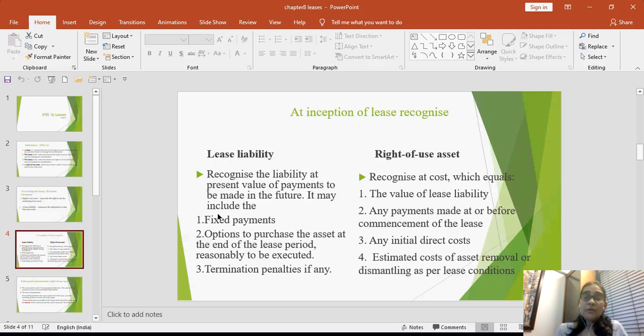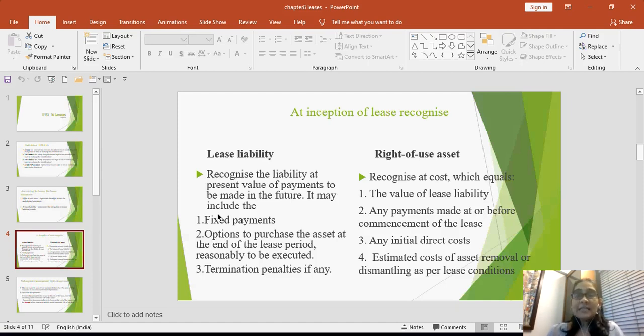It would also include, if at all the lessee gets a right to buy the asset at the end of the lease period, the value of this as a part of the lease liability. Basically, lease liability is the present value of all the future payments that need to be made. So the lessee will recognize the lease liability at present value.